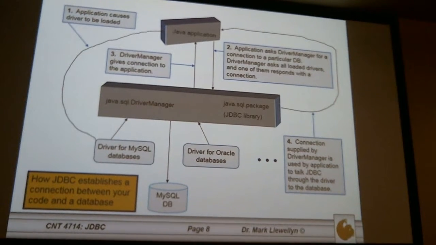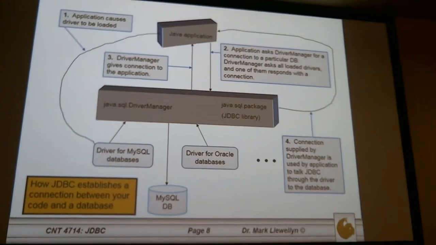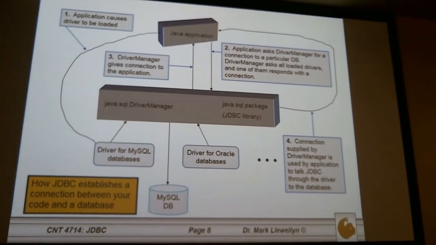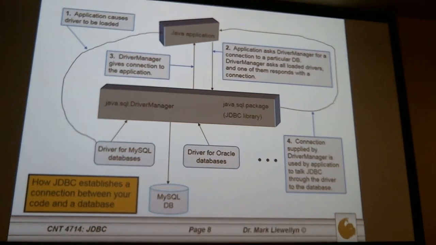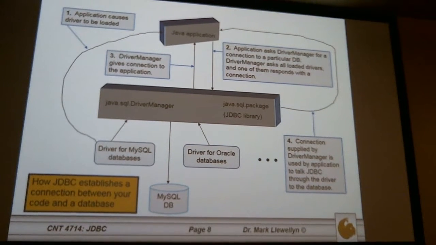Essentially, your application asks the driver manager to make a connection to a particular database. So that format essentially tells the driver manager what kind of driver it needs to look for and see if it can load. If it doesn't have that driver, then of course it's going to give you some sort of error saying, I can't find the driver to load for this particular kind of application you're asking for.